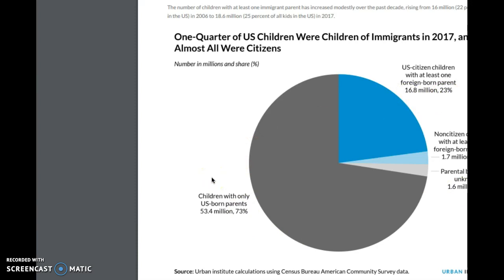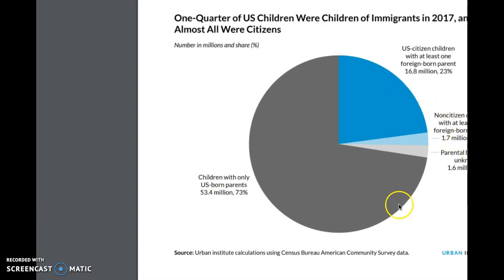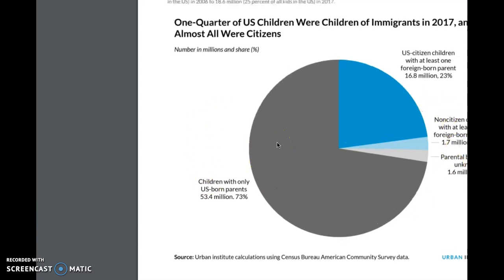You want to use numbers in there, but you want to try to use them strategically, so that they really make your points and not that they bore the reader into forgetting what it is that you're writing about. So that's what I mean when I say don't write about every single number in a figure.